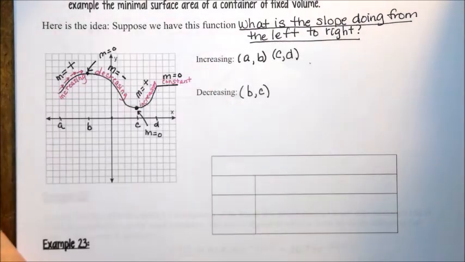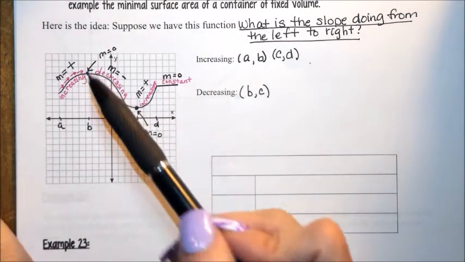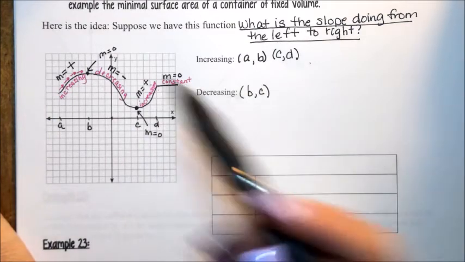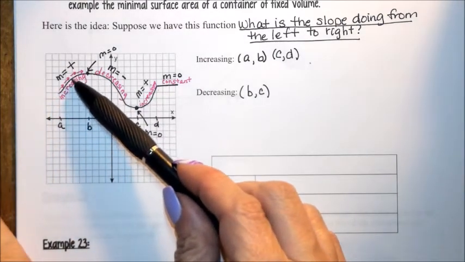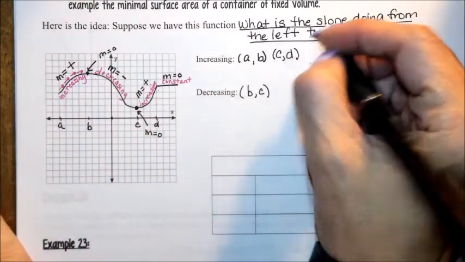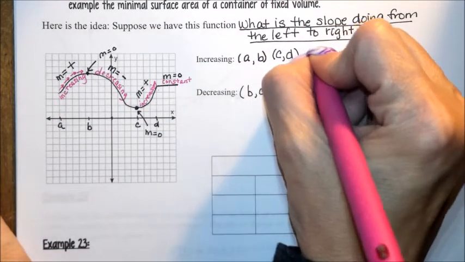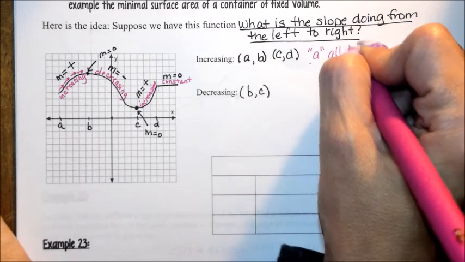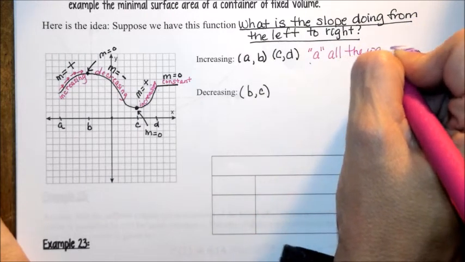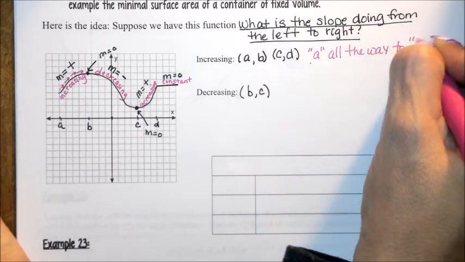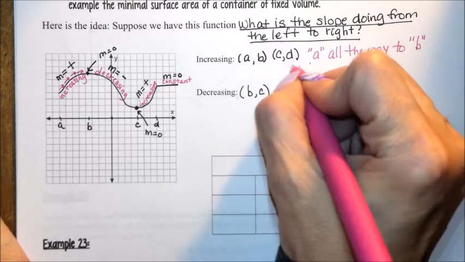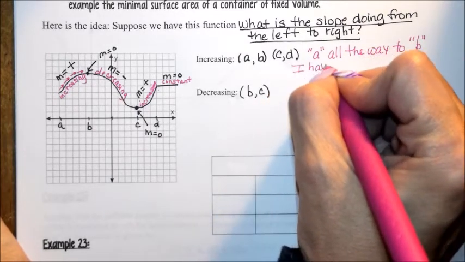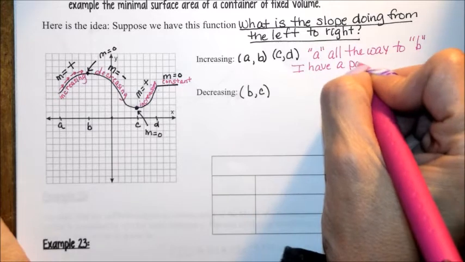So if I think about this, from A all the way to B, I have a positive slope. I'm going to put that over here, actually. A all the way to B, I have a positive slope.